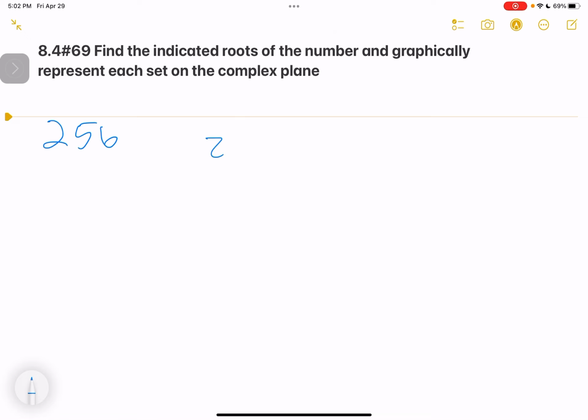So if I say z equals 256, the magnitude of z is pretty straightforward here: the square root of 256 squared plus 0 squared equals 256. And so we have this setup, it's a W setup.